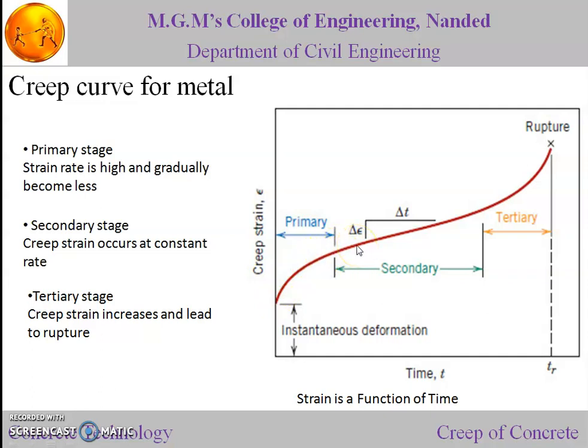In the secondary stage, creep strain occurs at a constant rate. In the tertiary stage, creep strain increases and leads to rupture. So here it is shown that creep strain increases and finally leads to rupture.